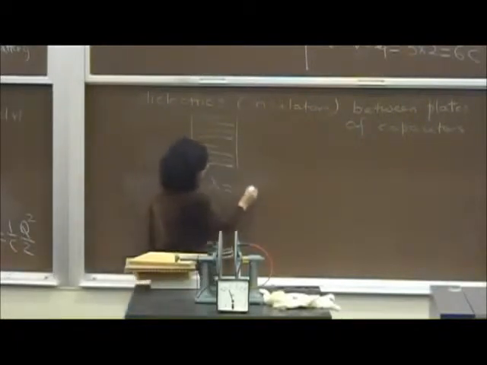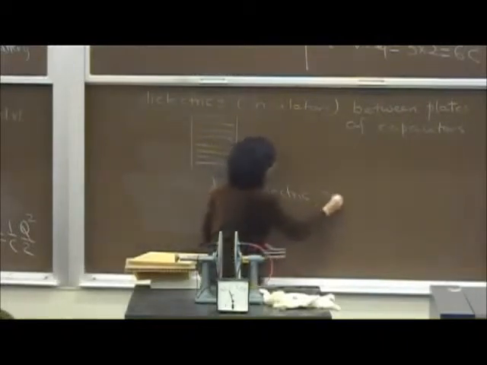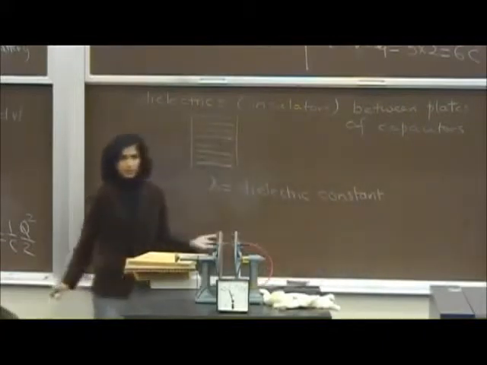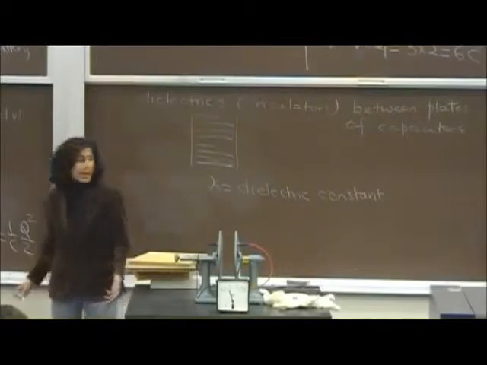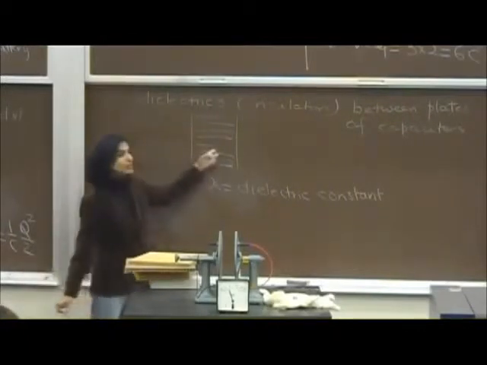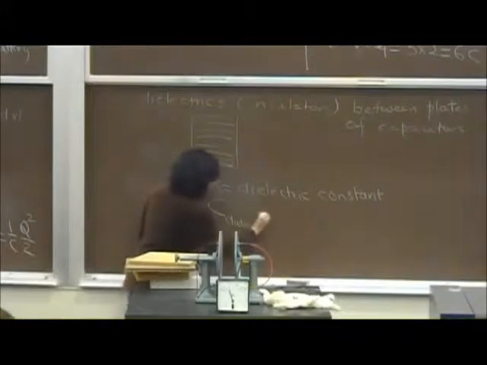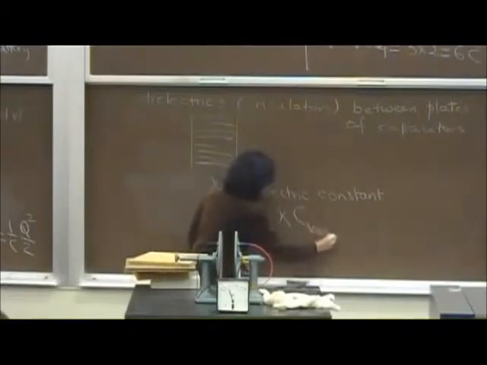This is a Greek symbol, looks like K, which is a constant for a given dielectric. For example, for water, kappa will be 80. And this tells you how much the capacitance will increase when you put the dielectric in. So the capacitance with dielectric will be equal to kappa times the capacitance with vacuum or air.